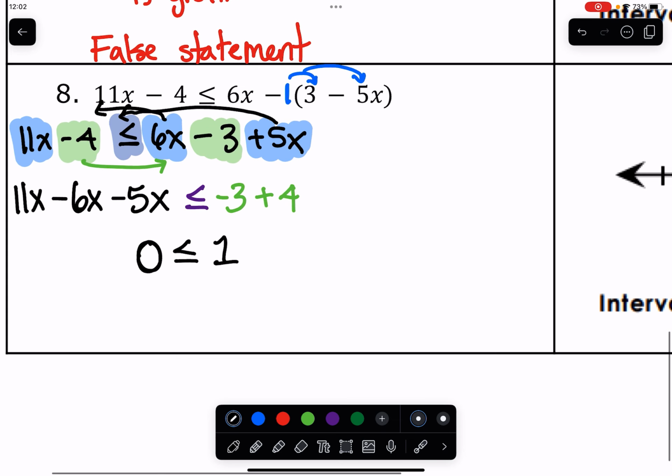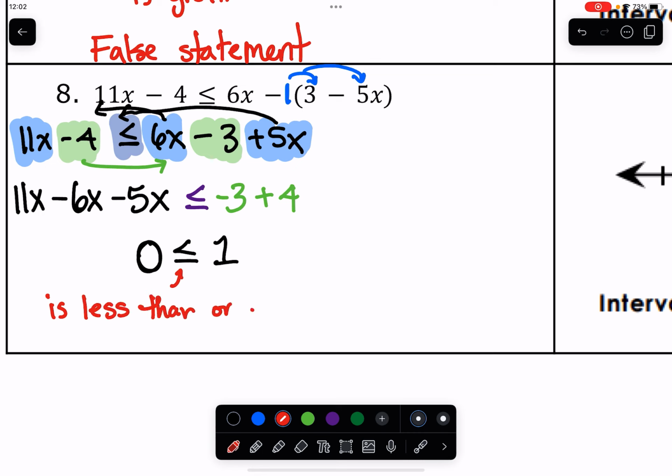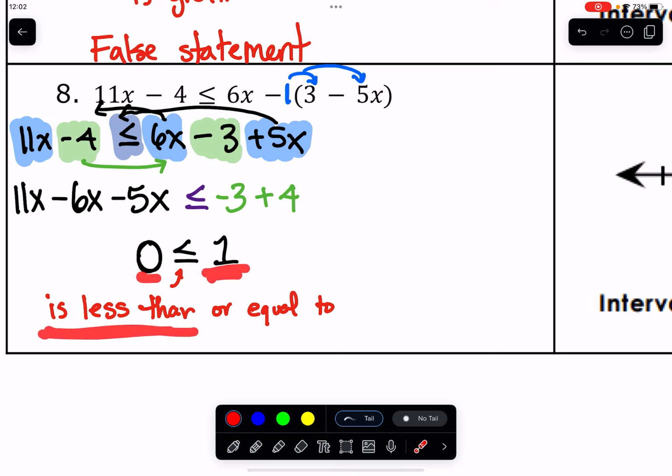Well, this is in fact true. 0 is in fact less than or equal. Okay, it is in fact true that 0 is less than 1. Obviously not equal to 1, but again the key word right here is or. So one of the two things has to be true, and this is true. 0 is less than 1.